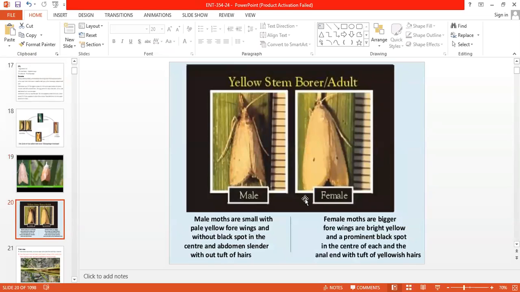Then in the yellow stem borer, male and female adults: the male is comparatively small in size and without black spots on the forewings. The female is comparatively bigger in size, the forewings are bright yellowish in color with prominent black spots in the center of each forewing, and the anal end has a tuft of yellowish hairs. Here is the anal end of the forewings, where the yellowish hairs are much more as compared to the male yellow stem borer.